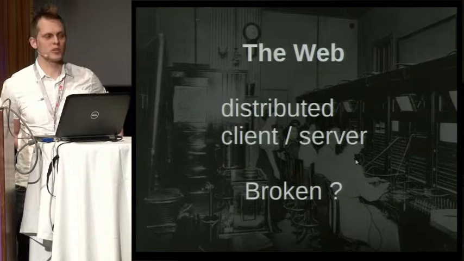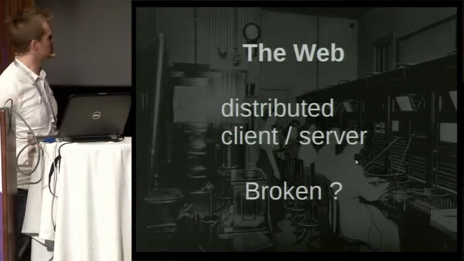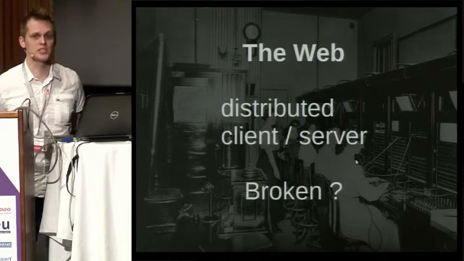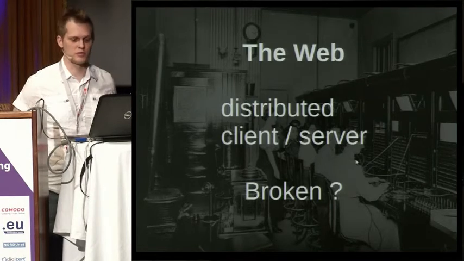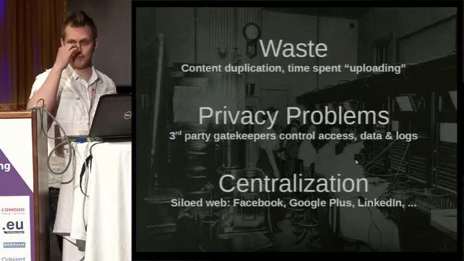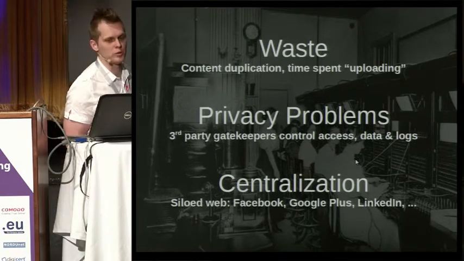I also really like the web, but I don't think it's quite as nice. It's distributed a bit, but there's a lot of centralization. And it has a client-server architecture, which I think is fundamentally inferior to a peer-to-peer architecture. And I believe this has led to certain kinds of breakage or problems.